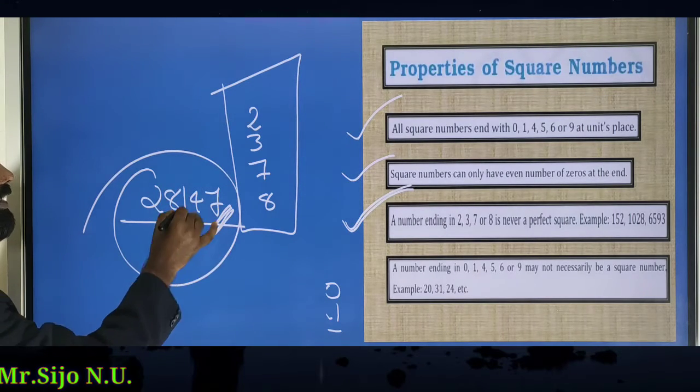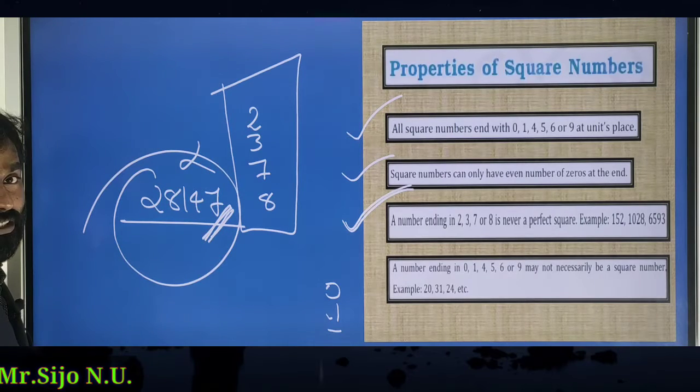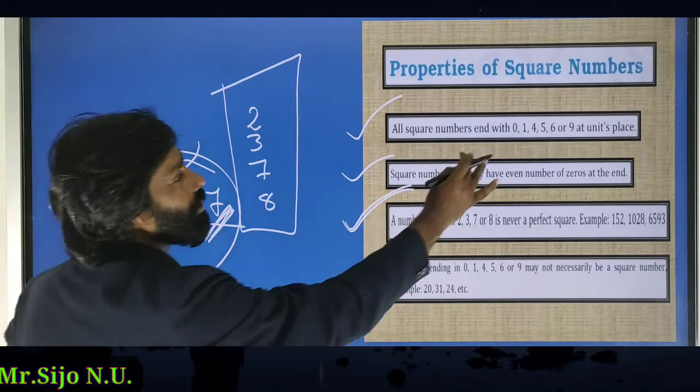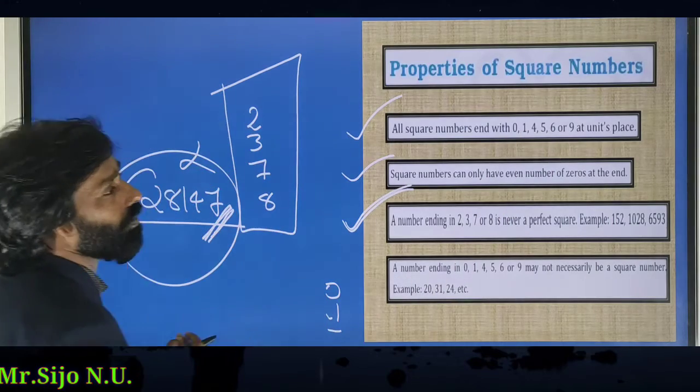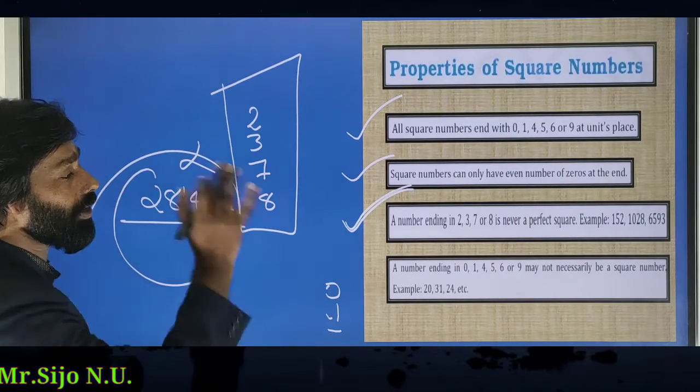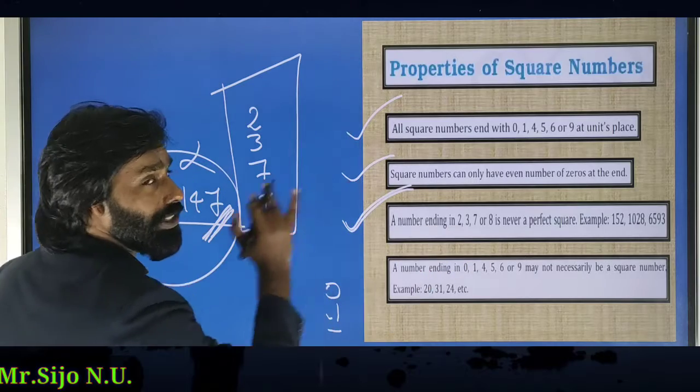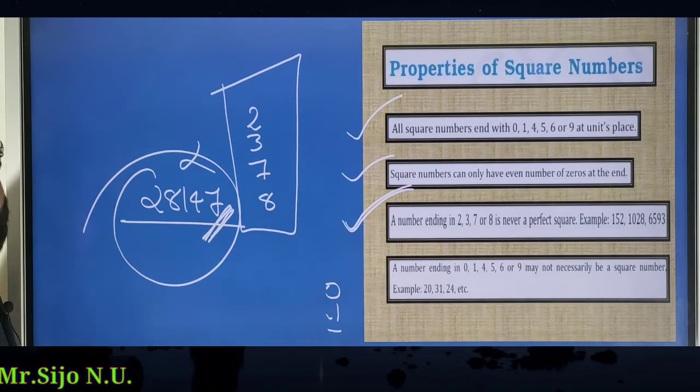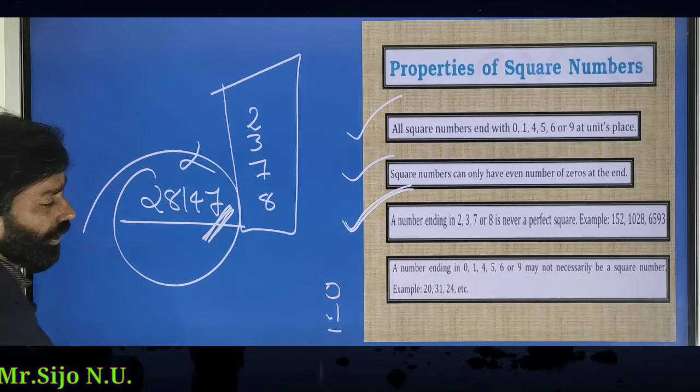So directly we can say that it's not a perfect square number. The reason is that all perfect square numbers end with 0, 1, 4, 5, 6 or 9, so a number ending with other digits is not a perfect square number.